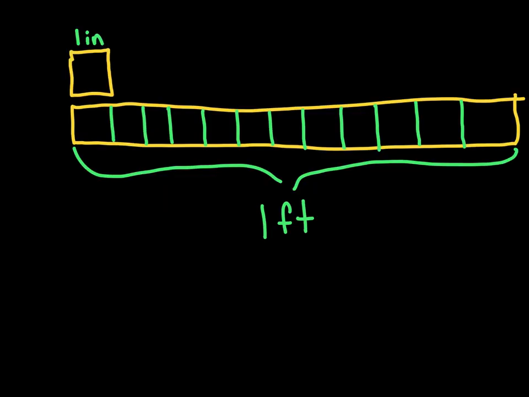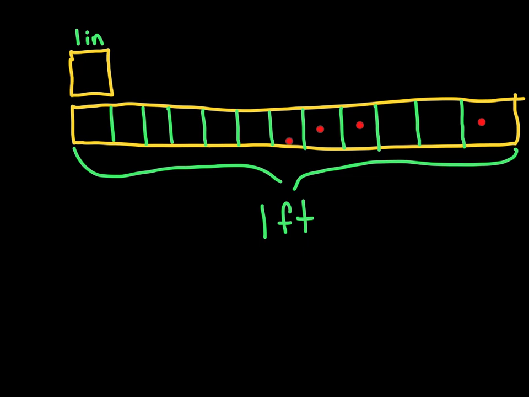Okay, here is a tape diagram. In this tape diagram, you see it's all cut up into boxes. And we know that one of those boxes is 1 inch. And we know that this is all equal to 1 foot. So how much is it broken up into? Let's count. We have 1, 2, 3, 4, 5, 6, 7, 8, 9, 10, 11, 12.